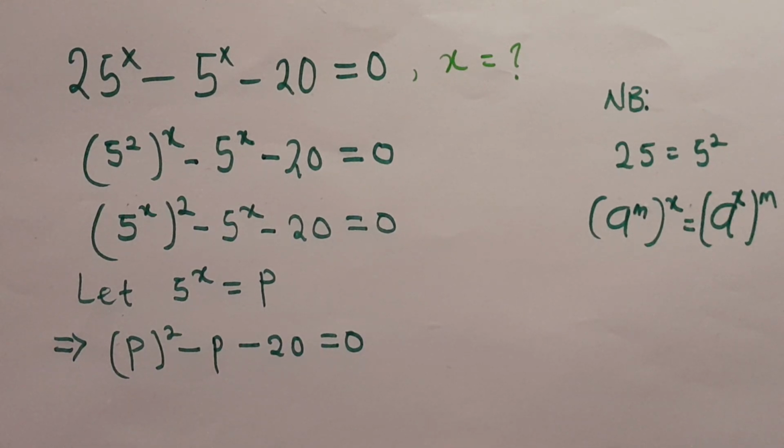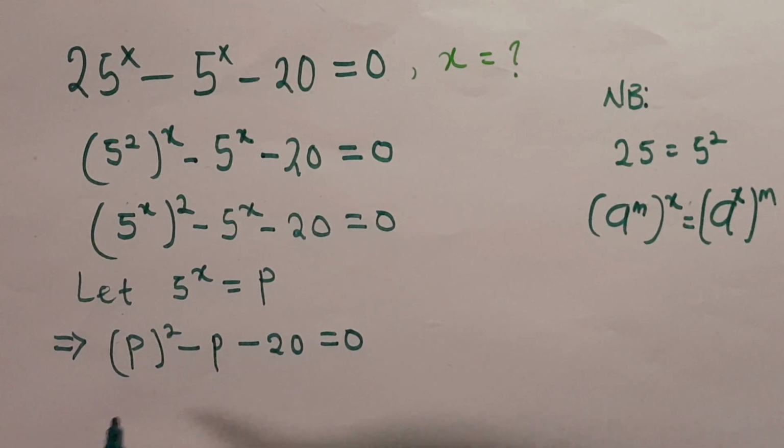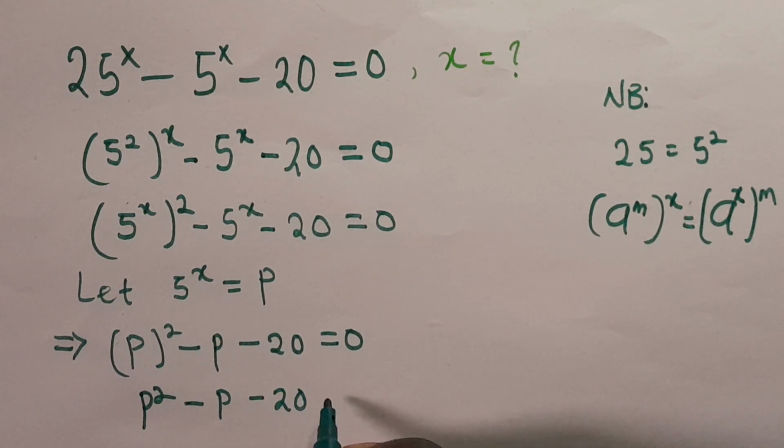Then from here, this will now be p square minus p minus 20 equals 0. And this is a quadratic equation.